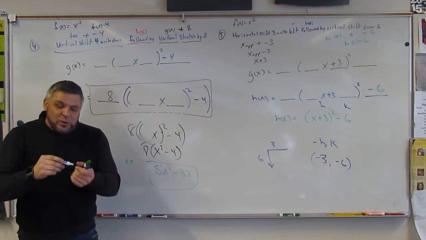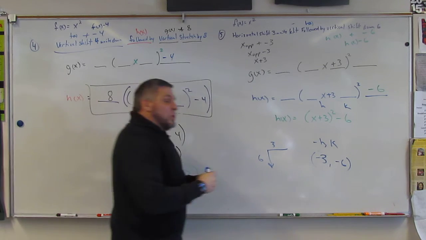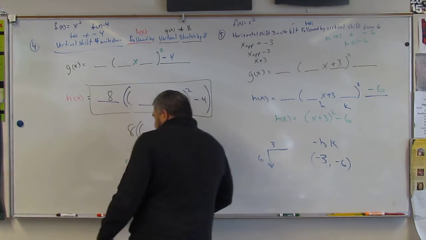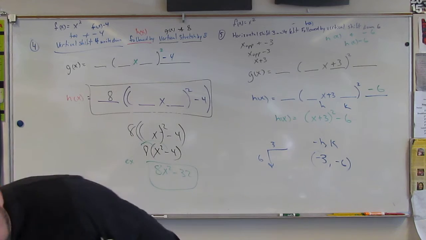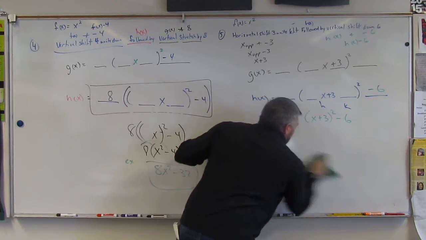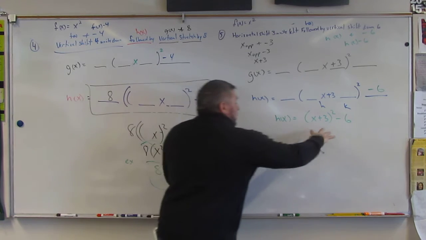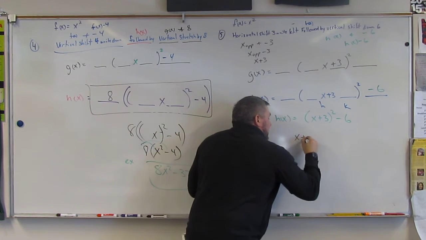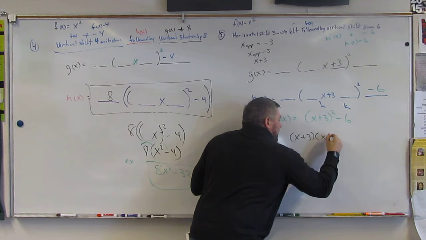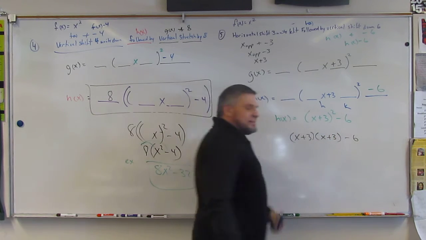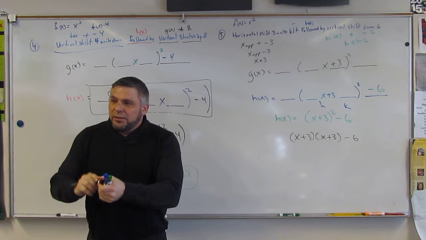Now, if you wanted to write this, you would have to say this is squared. Okay, here's the hard part. The extra credit, which they might ask you to do on the state test. You have to say this is x plus 3 times x plus 3 minus 6. Right?